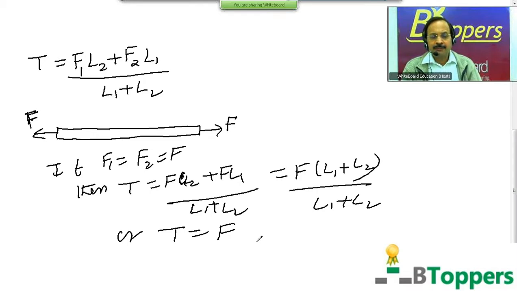So when a thin uniform metal rope or wire is pulled by applying force of the same magnitude in opposite directions as shown in the figure, then the magnitude of tension at any cross section will be the same, equal to the magnitude of the force applied at each end.